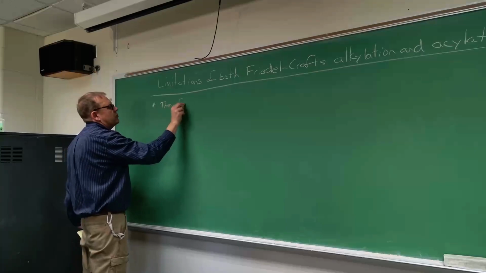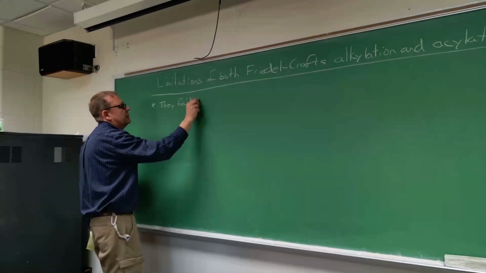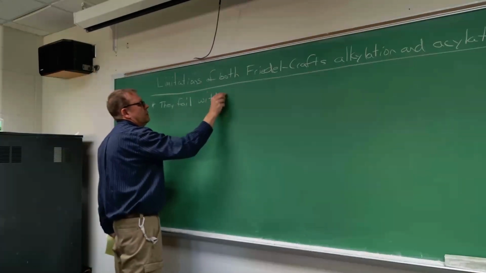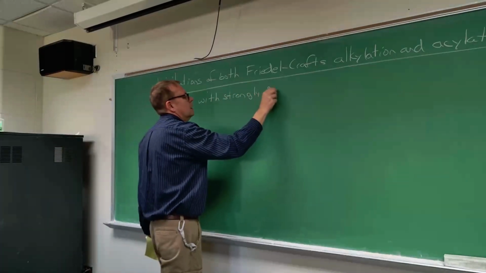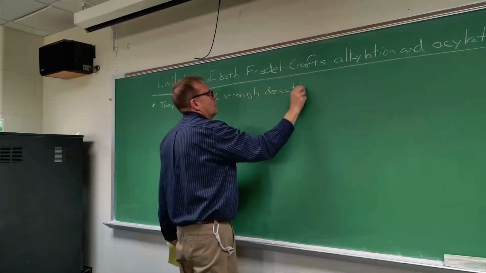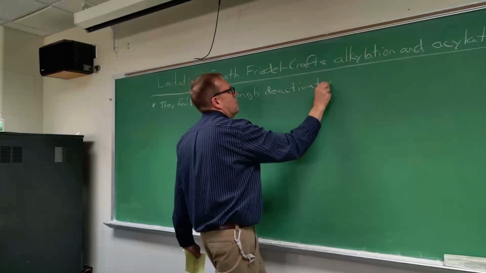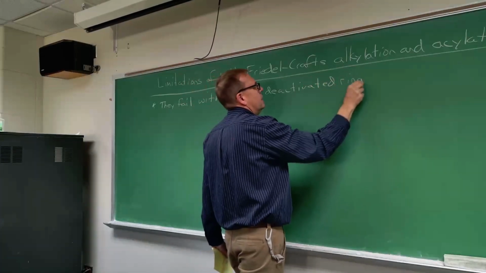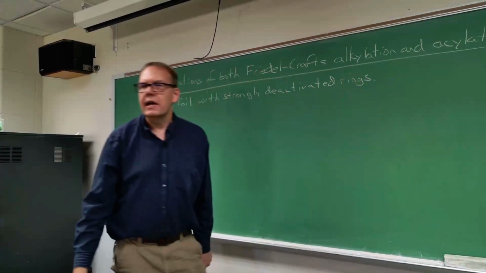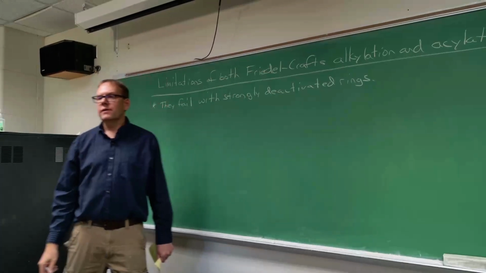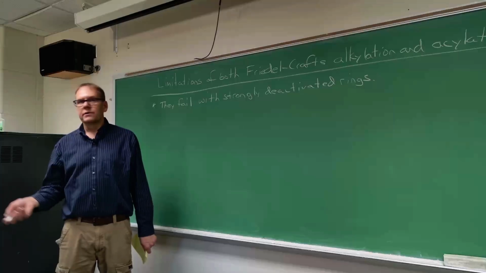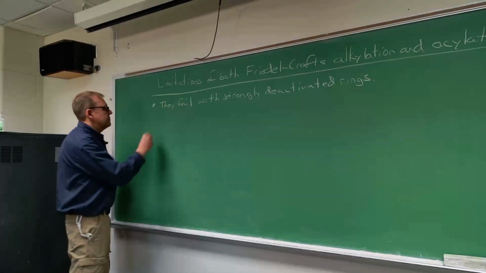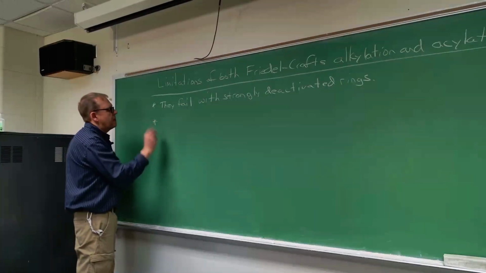They fail with strongly deactivated rings. We've mentioned this one before. And by strongly deactivated ring, I mean anything that has a meta director on it, anything that's in the list of strongly deactivating groups that are meta directors. They will kill the Friedel-Crafts reaction, alkylation and acylation.